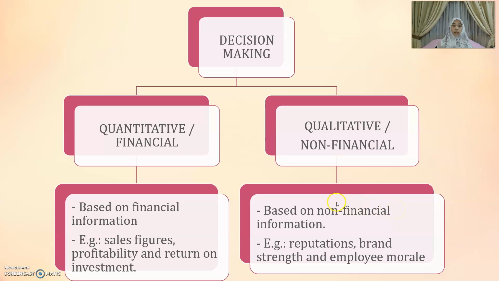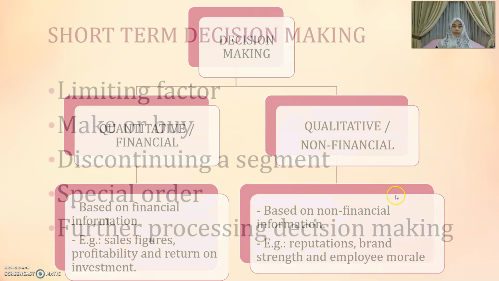So in short, your decision making can be divided into quantitative and qualitative. Quantitative, for example, the sales figure, the profitability, the ROI, and the qualitative or the non-financial information could be the reputation, the brand strength, and the employee morale.